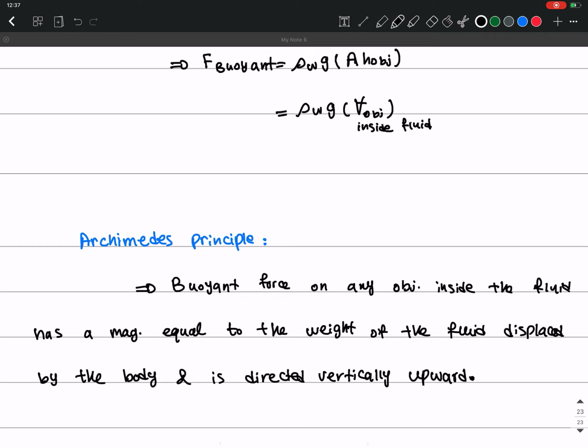It is directed vertically upward because the horizontal forces are going to cancel out. So the net buoyant force is always vertically upward.